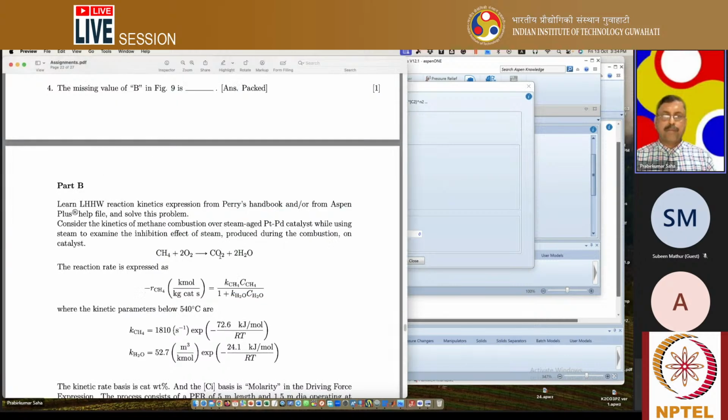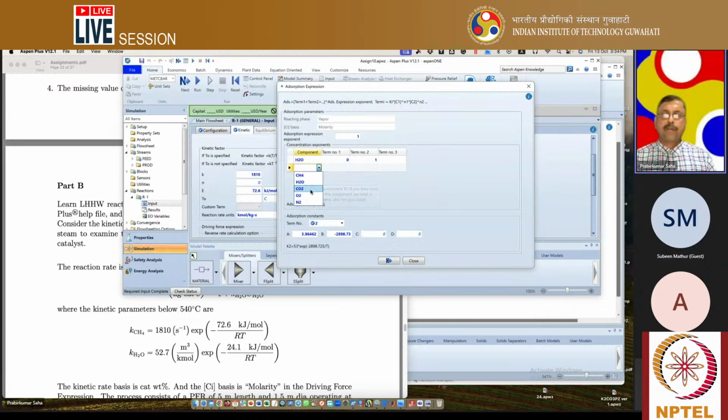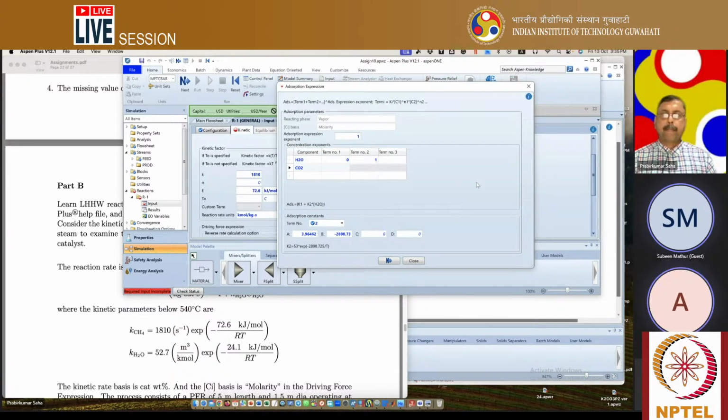You already have CO2 over here, right? So you have to include CO2, isn't it? Why didn't you give it? So we don't have the CO2 in consideration in the second term. We only have the water. But then the adsorption term is 0, right? I think you have to give 0 for that.